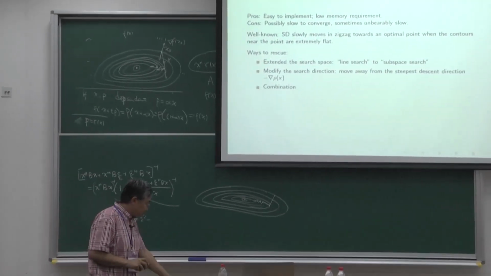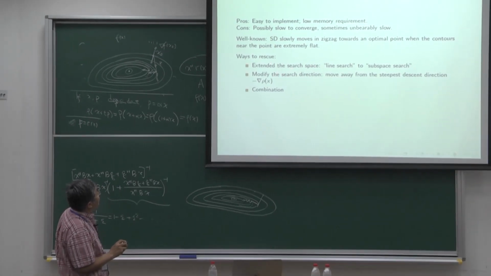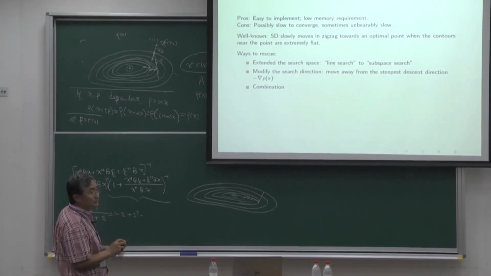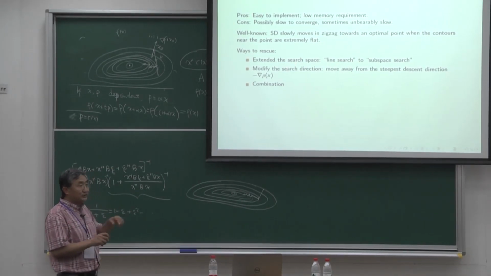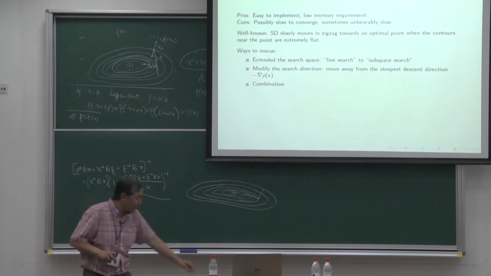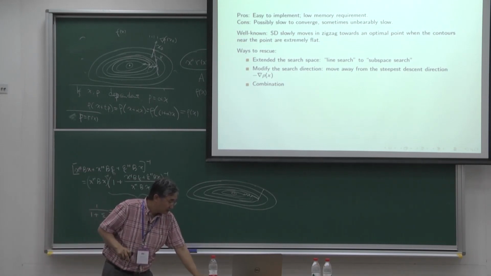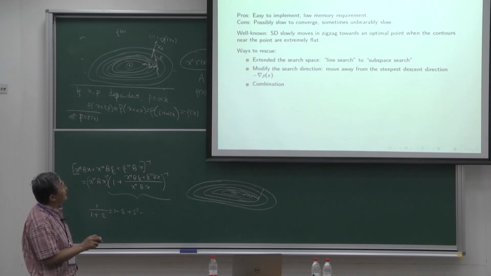So how do we rescue that to make it better? There are two solutions. One is you look at the line search. Every step is a dimension 2 line search, in the two-dimensional space.